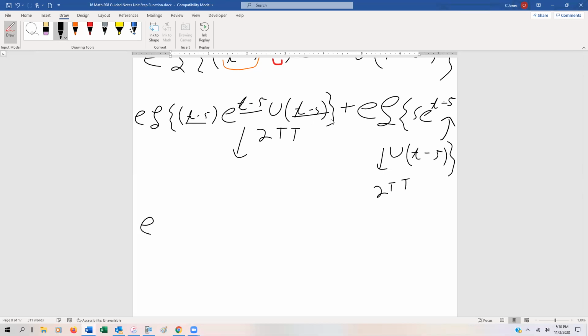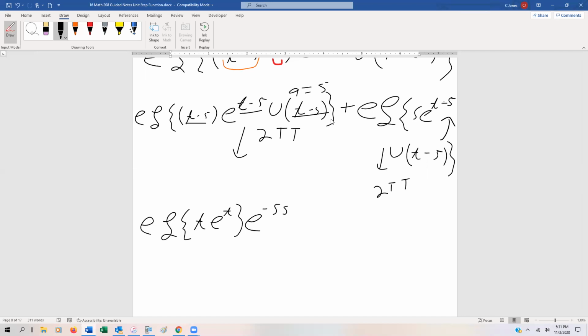So we're going to get the Laplace of t e to the t, and right here we know that a is equal to 5 in our second translation theorem, so that's going to be equal to e to the minus 5s. Right, so that's nice. And then even better, this one's going to turn into something really easy.